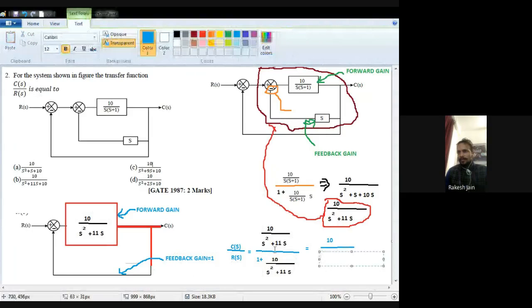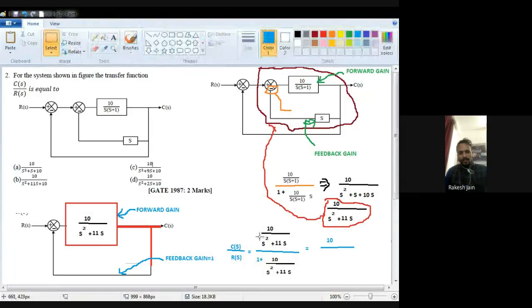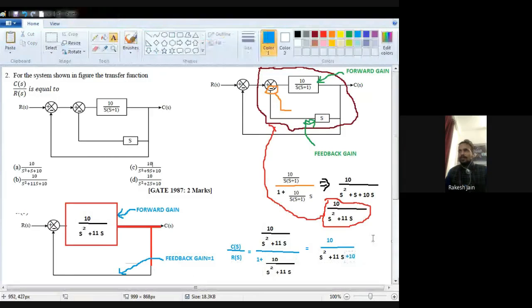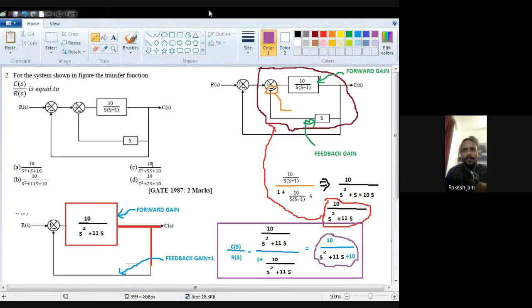Yes, this will be my final answer because now the block is totally reduced. Seen in purple color, I just mentioned my final answer. So my answer is 10 upon s square plus 11s plus 10. B is my correct answer.